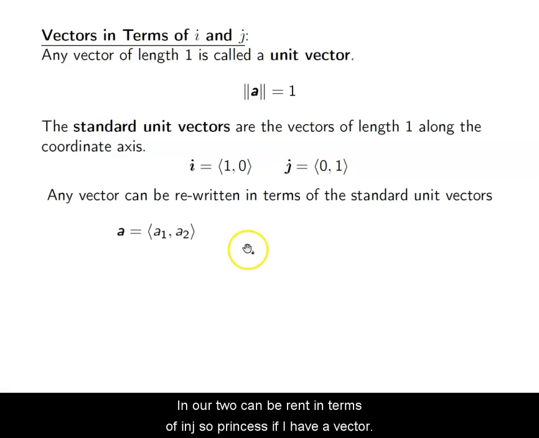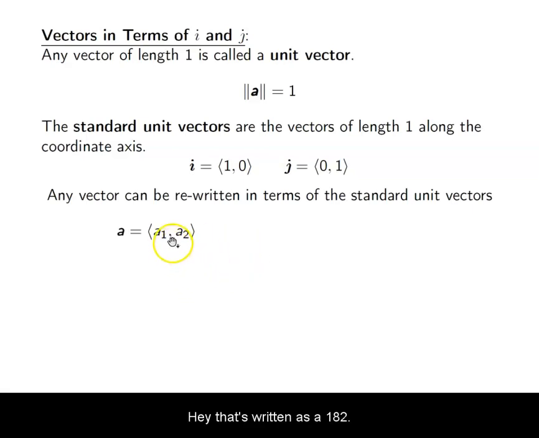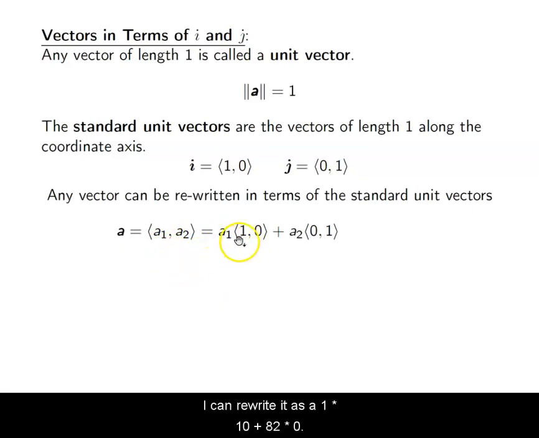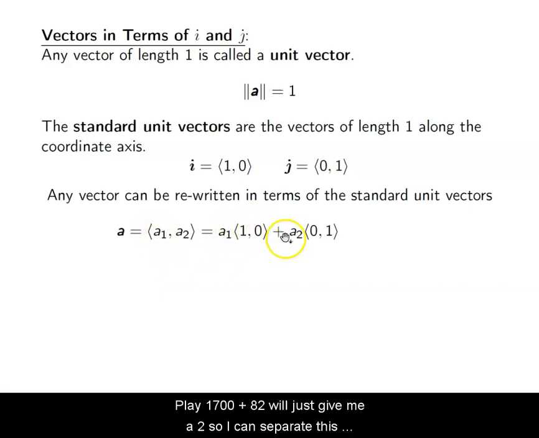So for instance, if I have a vector a that's written as a1, a2, I can rewrite it as a1 times 1, 0 plus a2 times 0, 1. And that should make sense because what happens if I add this? I get a1 plus 0, so just a1 in the first component. a1 times 0 is 0 plus a2 will just give me a2.